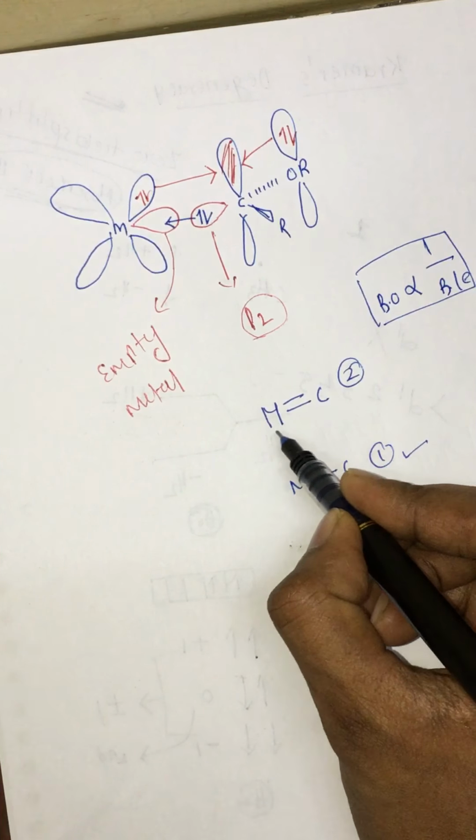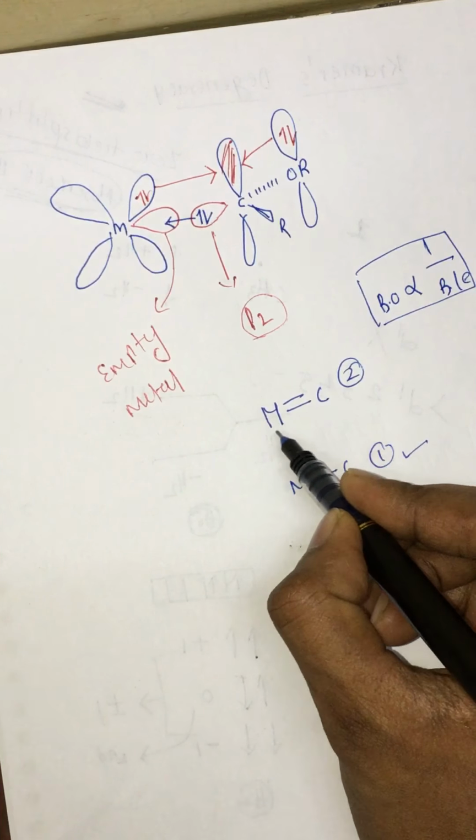So this is expected to be equal to M double bond C, but compared to M double bond C, the Fischer carbene M double bond C bond length is more. That means here the bond order is exactly 2, but in this case the bond order lies from 2 to 1.5.